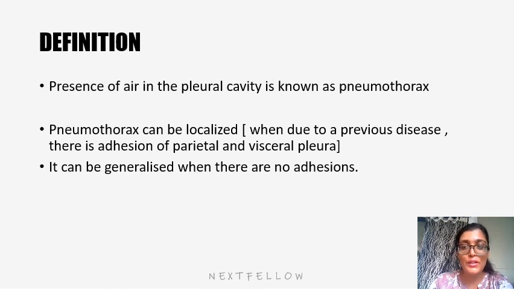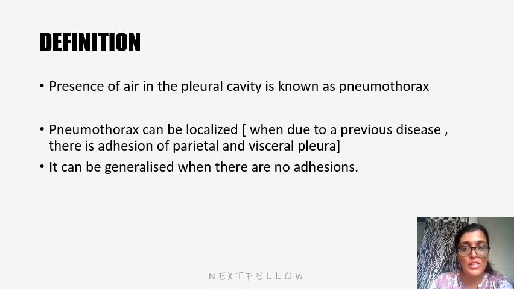Now I want all of you to imagine a person coming with breathlessness and chest pain. Let's imagine right-sided breathlessness or right-sided chest pain. I'm saying right-sided so that the cardiac causes do not come to your mind. So right-sided chest pain with breathlessness.